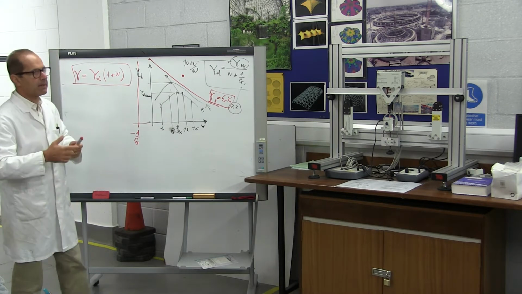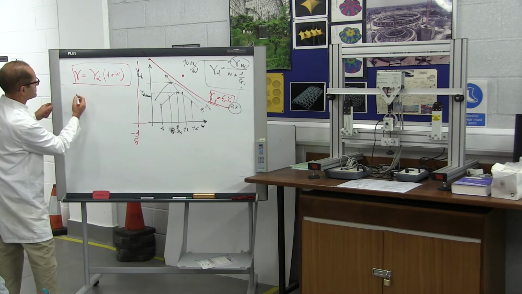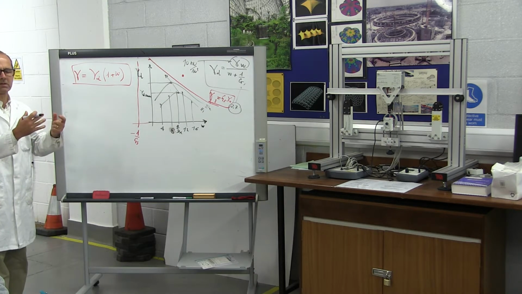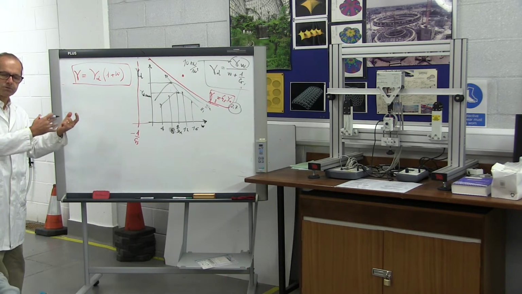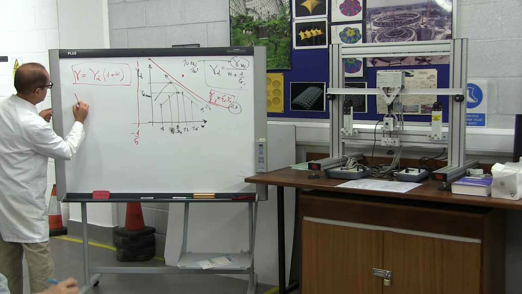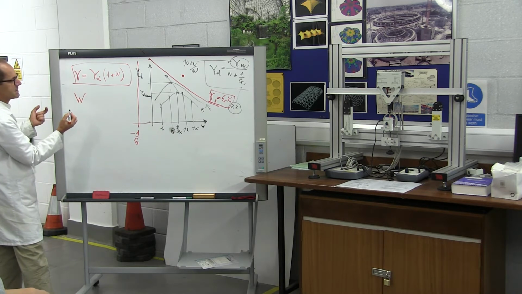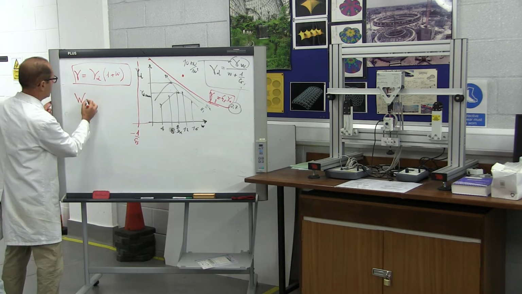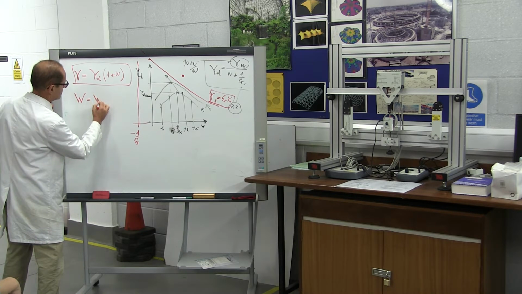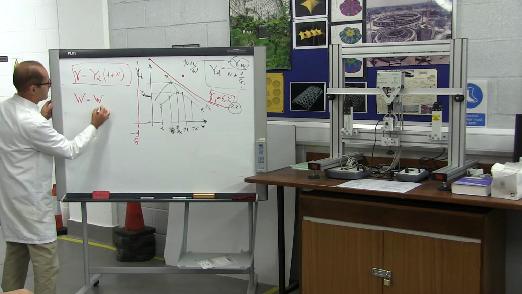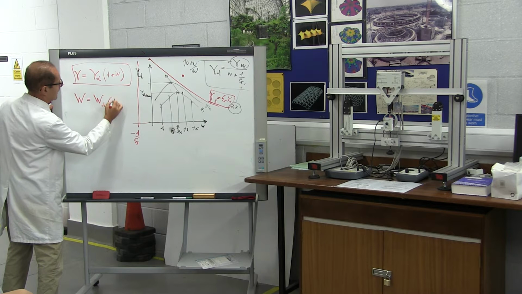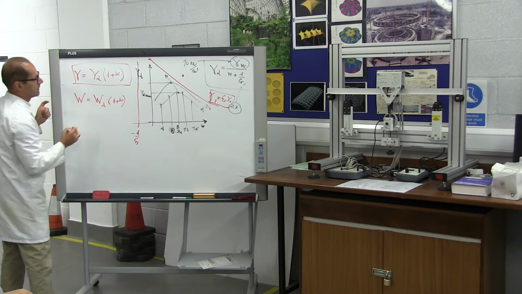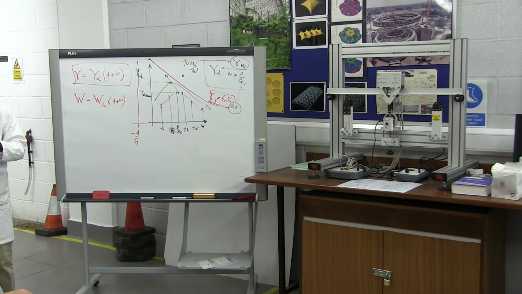We can write this also not in terms of specific volume, but in terms of real volume. So I can write here, W is the weight of some amount of soil, equal to the same amount of weight dry times 1 plus w. It holds as well.